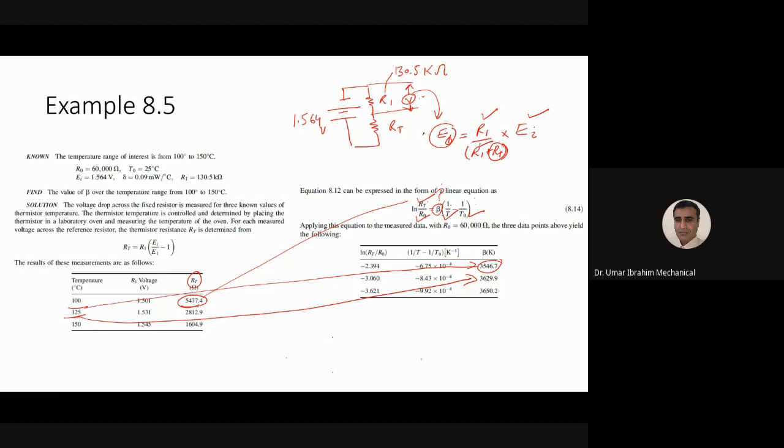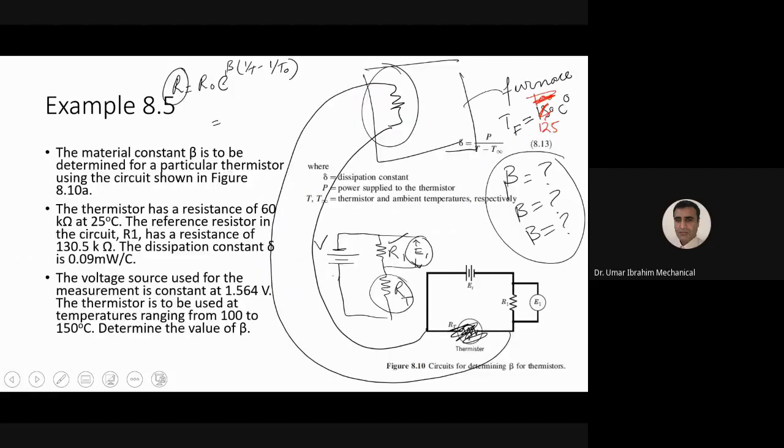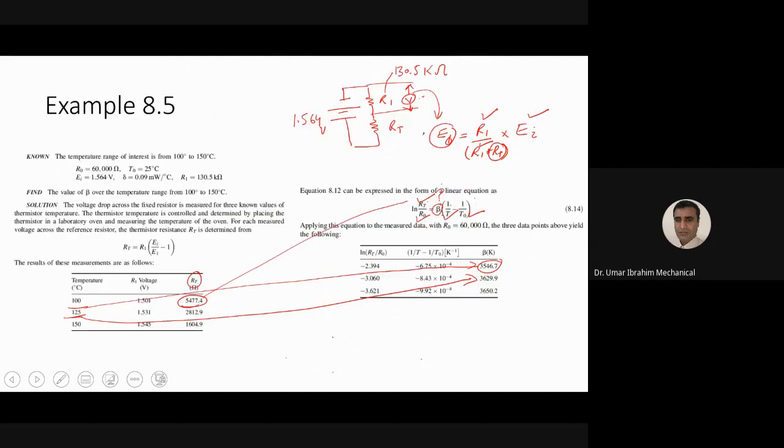Then we go back and repeat the experiment for 150 degree C. We change the furnace set temperature from 125 degree C to 150 degree C this time, and do all of our measurements and calculations, and our beta value comes out to be 3650.2 Kelvin. Okay? So, questions up till now, students?